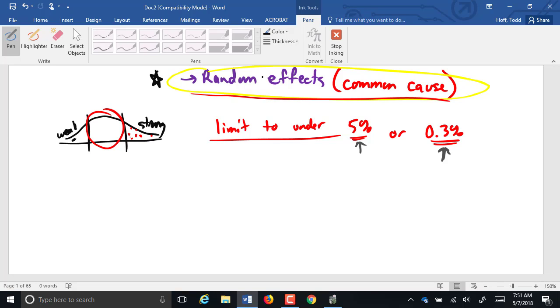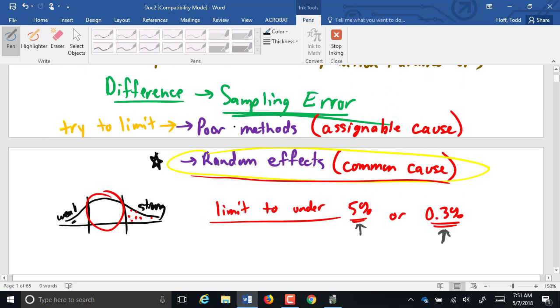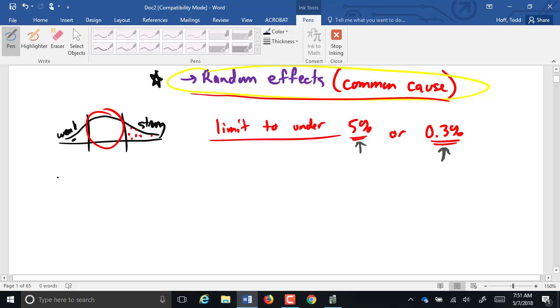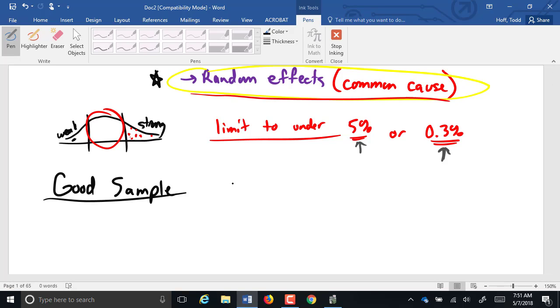So how do we try to limit the poor methodology? Well, the best way to do that is to take that good sample, that representative sample. The problem is we never know whether our sample is representative. We don't know what the population parameters are, so we can't really compare our sample to it. I mean, the whole purpose of taking the sample is to try to predict.